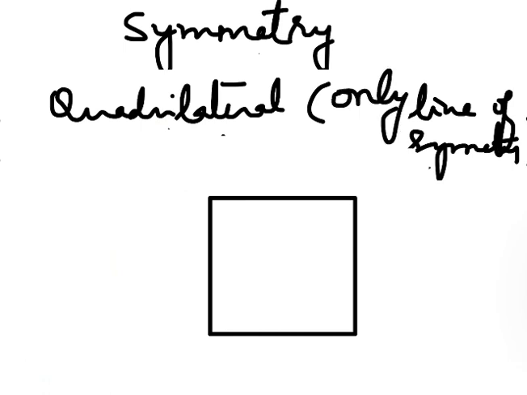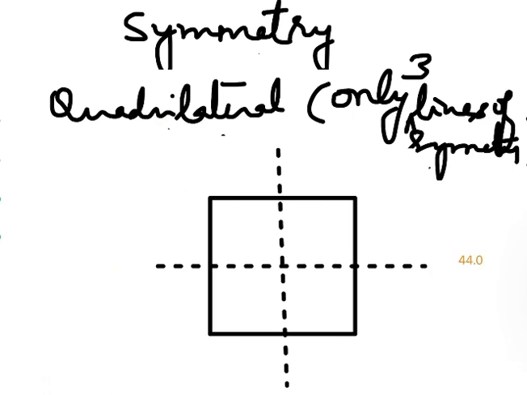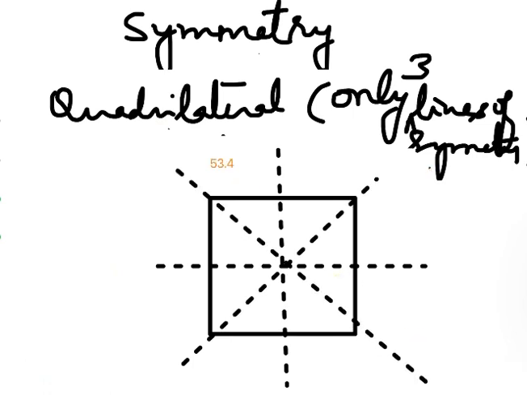Exactly three lines of symmetry. No, this is a quadrilateral, right? Sorry, quadrilateral. The two lines are done. This is going to be three, and this is going to be four. But it should not be more than three.